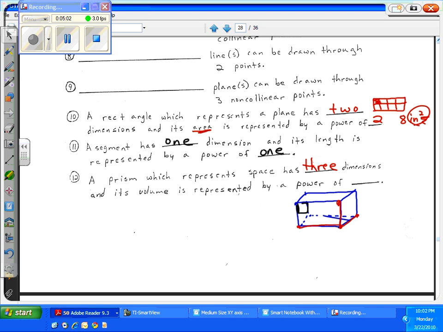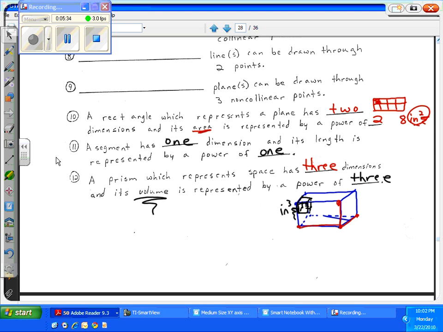So we want to know how many of these little cubes would be in there if I can draw one decently for you here. So how many of those little cubic inches, which is an inch by an inch by an inch, would fit into that rectangular prism. And so the volume is represented by a power of 3 cubic inches.